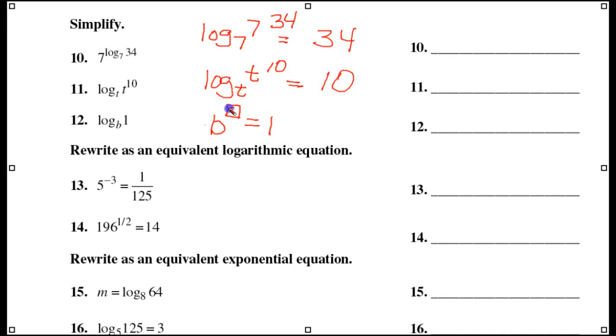Well, we said it was 0. Anything to the 0 power is 1. So for 10, it's 34, 11 is 10, and 12 is 1. Now rewrite as an equivalent logarithmic equation.